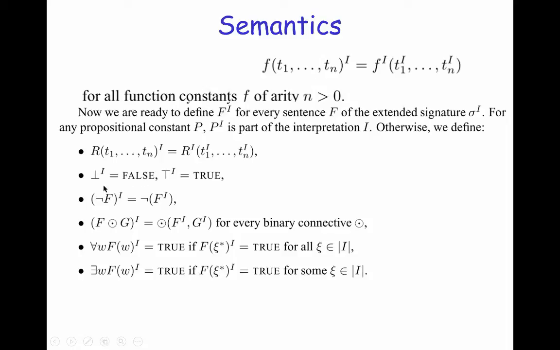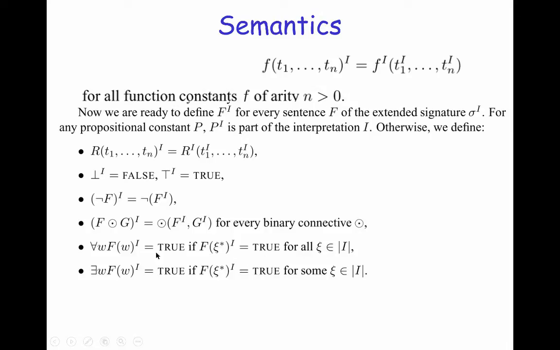So for all w, F(w) is true under I if the formula F, where this psi star is over all the object names in the universe, when you substitute the name for w and you evaluate this under the interpretation, returns true.